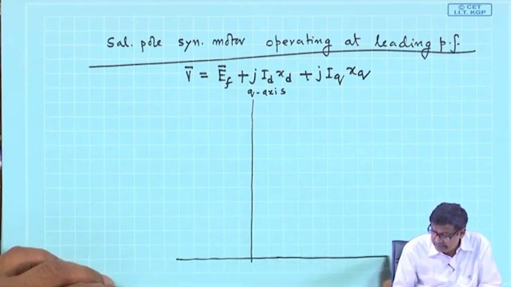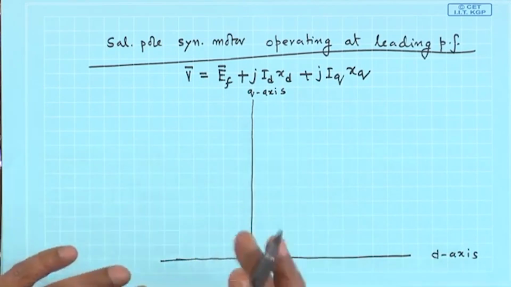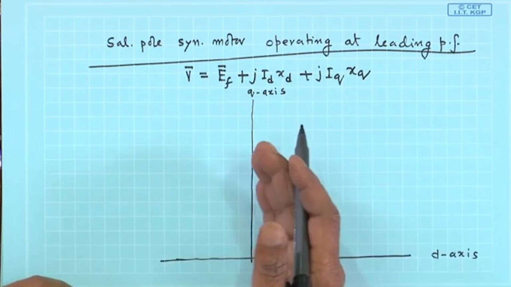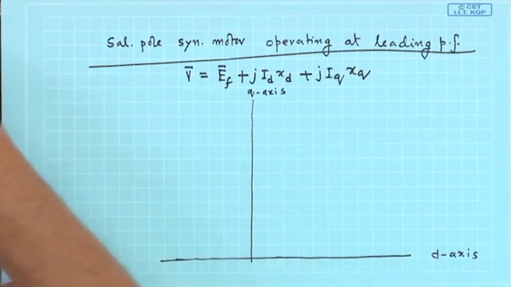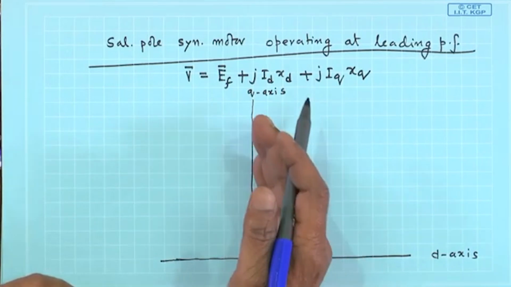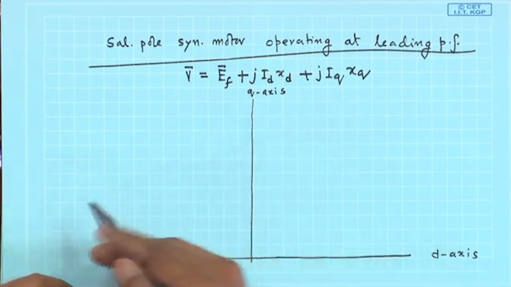Then the d axis gets fixed, so this is your d axis, okay. EF will lie here. Now, leading power factor, so armature current leads. So, where will be V? V will be ahead of EF, I know V will be here and current leads.